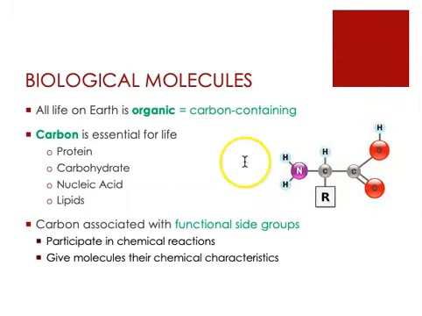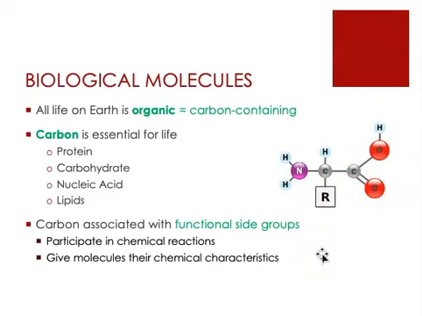All amino acids have the same basic structure. They all also contain a functional group, a side group, or what's sometimes simply called an R group. They all contain some segment of atoms that give each amino acid its own unique chemistry.